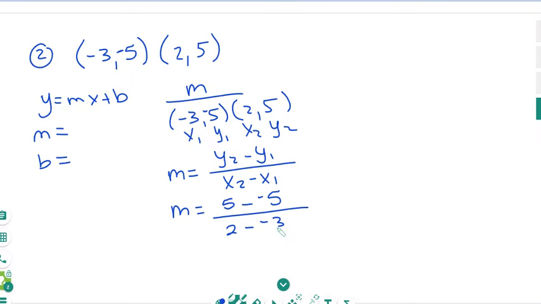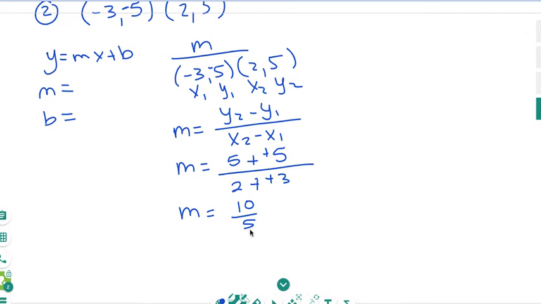We're going to look at the 5 and we're going to keep it, but we're going to change this to an addition sign, change this to a positive. We're going to keep our 2, keep change, and now we're ready to simplify. M is equal to 10 over 5. M is equal to 2 over 1. So my slope is 2 over 1.